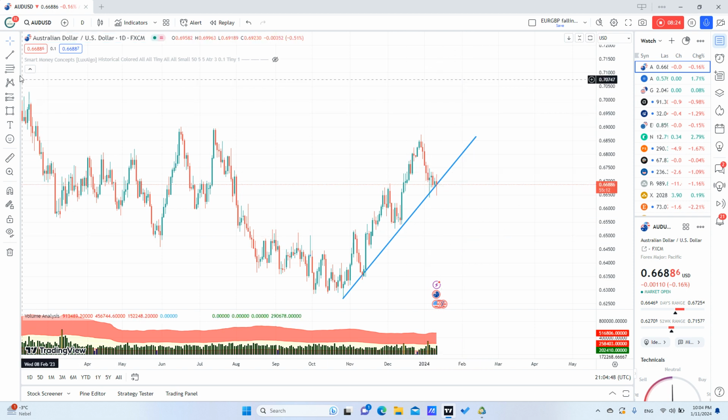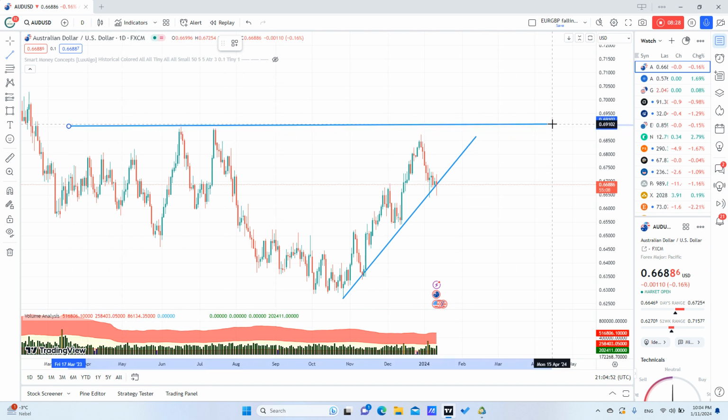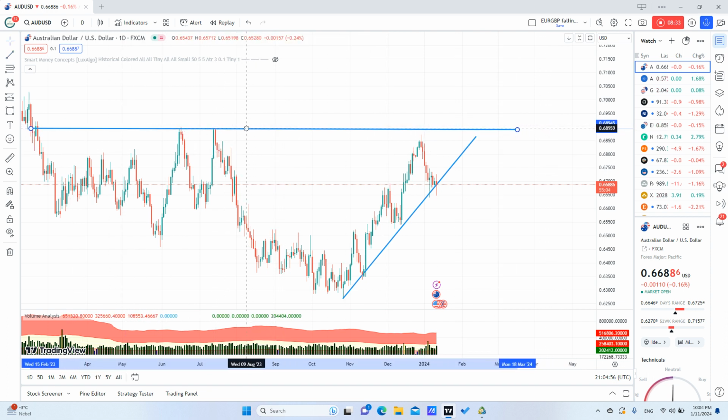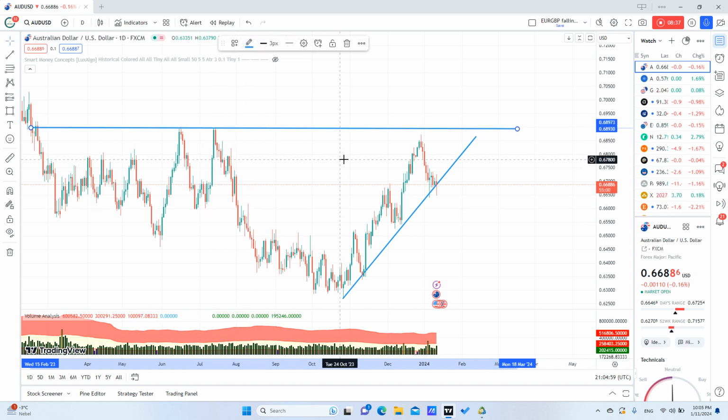And actually, I see these very clean double tops. So I think this is our next target. I think these double tops will be liquidated.